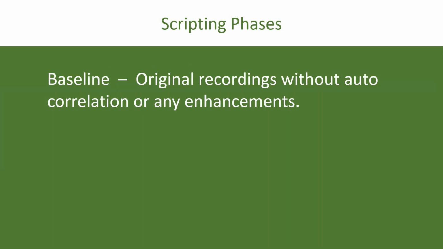When I refer to enhancements, there are different activities like parameterization, correlation, etc. Whenever we are recording, that is the reason I have also skipped the search for dynamic parameters step, so that the original script, that is the baseline, is always intact.